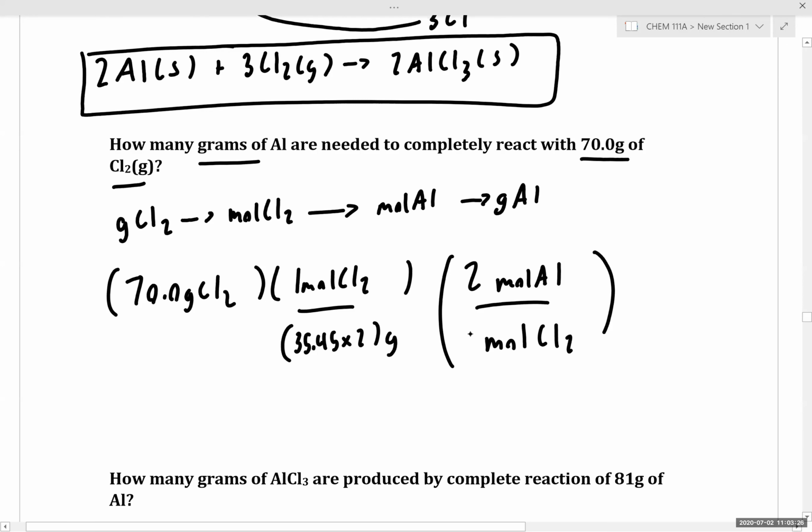Yep, we have 2 moles of aluminum per 3 moles of chlorine. And then we know that we have 27 grams of aluminum per 1 mole of aluminum.